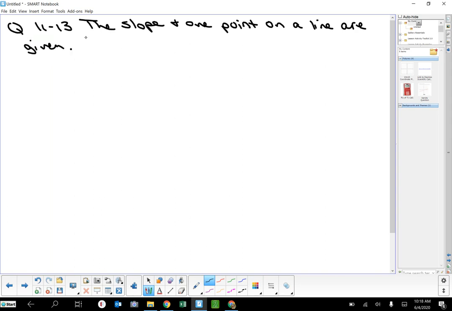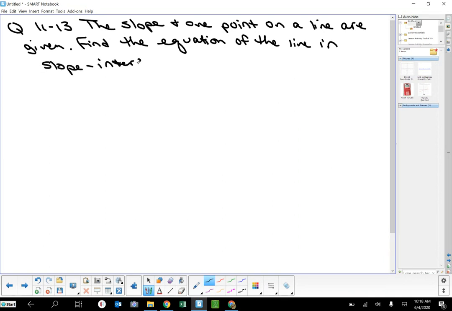Find the equation of the line in slope-intercept form. So a lot of finding lines are just manipulating the information that you have. So here's what you're given. You're given a point, and you're given a slope.